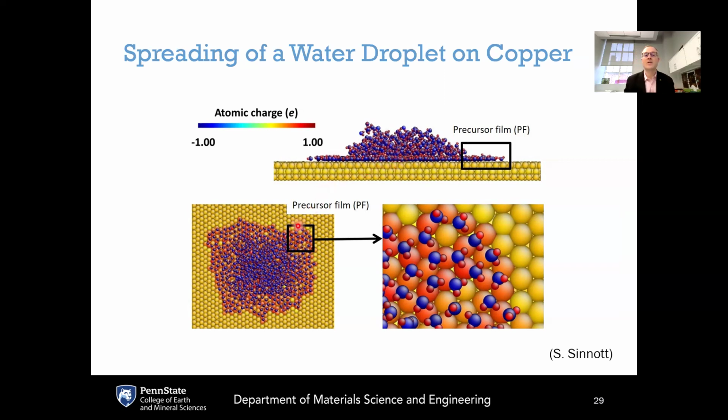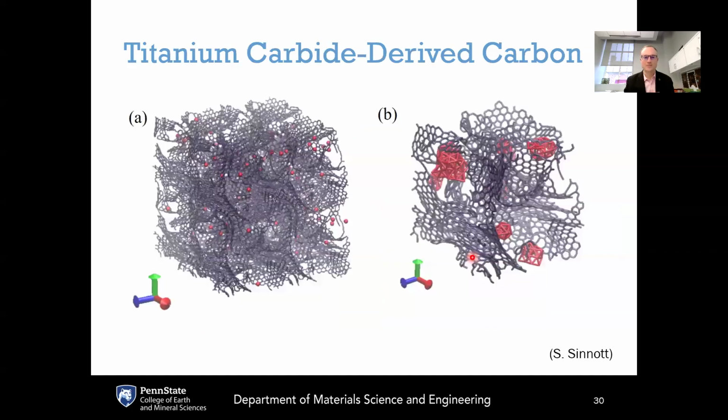And you can see how this is the bird's eye view here. This is the drop of water on top. This is the cross-sectional view, and then zooming in, you can see the individual water molecules and how they are reacting with copper and how they are spreading on the copper. So it's a really great way to visualize exactly what is happening at this atomic scale.